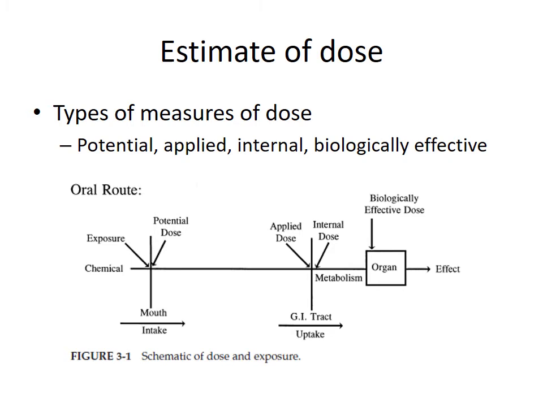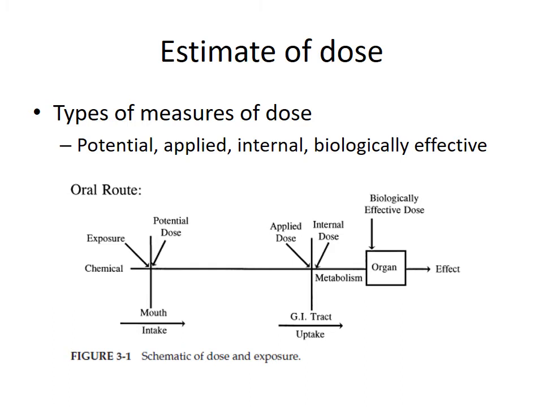In a personal monitoring device, let's say we were attempting to measure a chemical in the workplace, we might attach a pump that draws air in, and the person would wear that pump very close to their mouth, as close as possible to where they will be inhaling that chemical. Or if we were thinking about, in this case, oral exposure, we might think about the water at the tap, and that's as close as we're going to get to estimating that. What's the concentration of arsenic at the tap, or what's the concentration of lead at the household faucet in the sink?